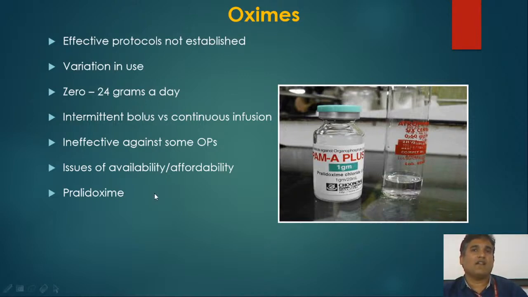This oxime is a good drug especially for organophosphate poisoning bound to the esteratic site. It is not a drug used for all organophosphates, and it is ineffective against other organophosphate poisons. It can be given as intermittent bolus or infusion, and it is the drug of choice for organophosphate poisoning.